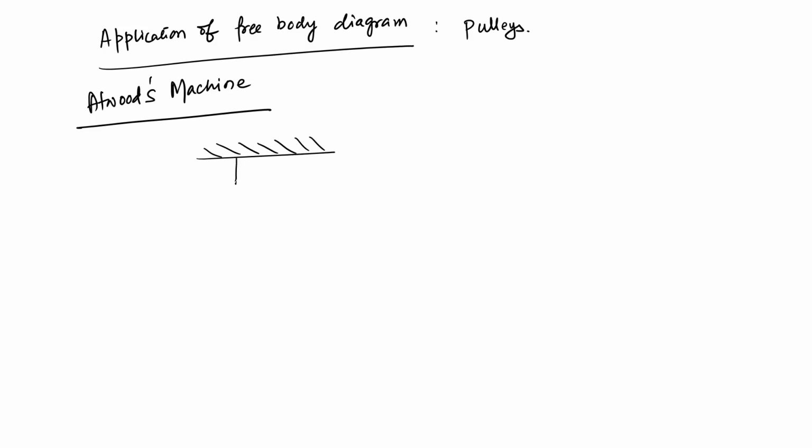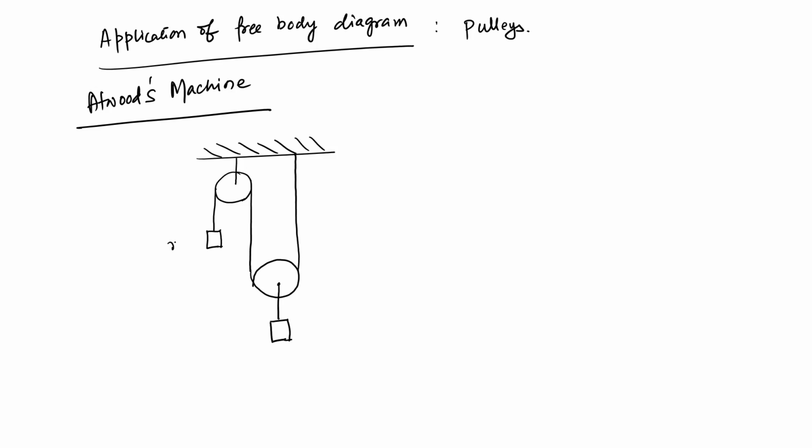So, this is a pulley here, and these are all massless pulleys, and these ropes are frictionless. And this one goes like this, and there is another pulley, and there is a mass hanging from this pulley, and this pulley is connected here. So, this is called the Atwood's machine.